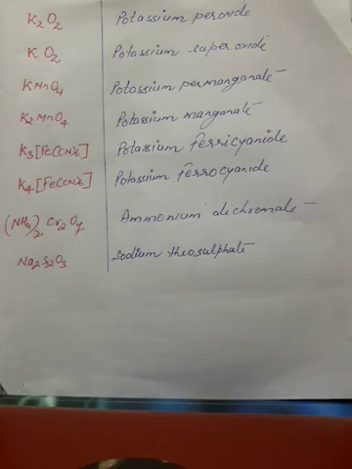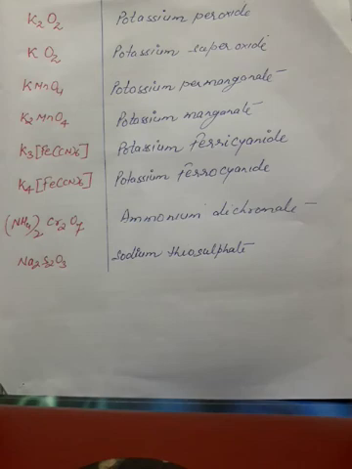Clear? Then potassium permanganate KMnO4, and what will be the formula of potassium manganate? K2MnO4, because permanganate valency is 1 only, it combined with 1 potassium, and manganate valency is 2 minus, so it combined with 2 potassium, K2MnO4. Okay, same way see ferricyanide Fe(CN)6 valency is 3, and ferrocyanide Fe(CN)6 valency is 4. So the first will combine with 3 potassium, potassium valency is 1.